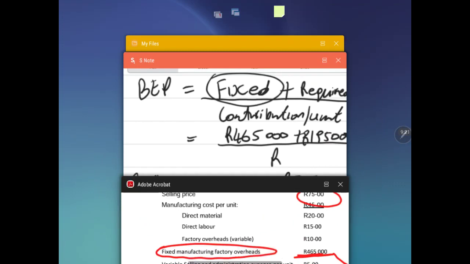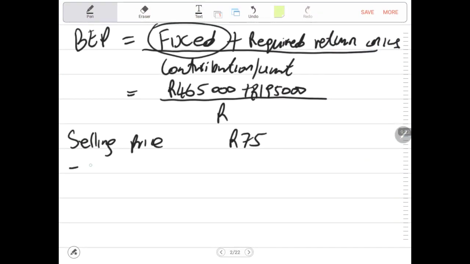Then we say selling price minus variable cost. Remember, when you say variable cost, we are referring to everything that is variable, variable production and variable non-production cost, all of them together. First, under variable cost we have direct material, which is 20 rand per unit.